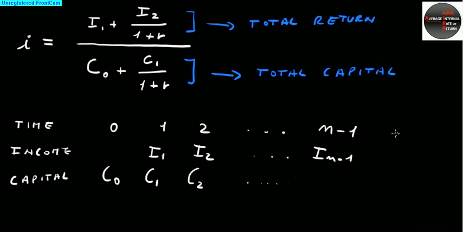Now let's add the time n minus 1, so we have the last capital that is invested at the beginning of the last period. At time n the capital invested is 0 because the project is over.